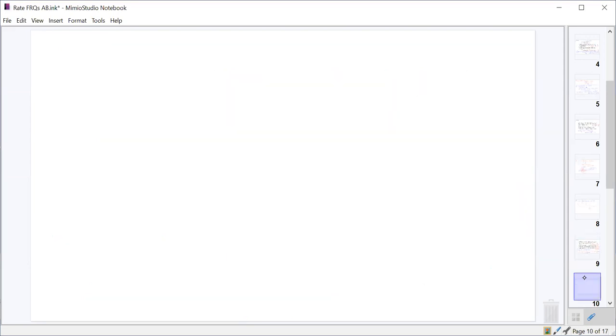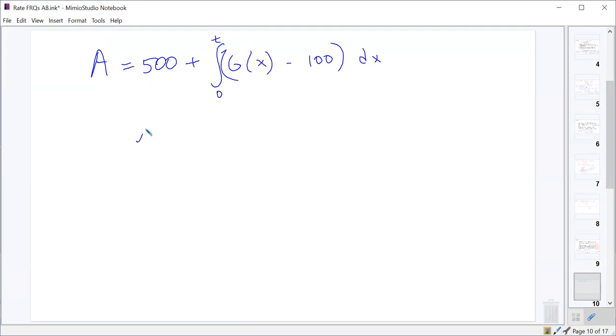So the amount of unprocessed gravel, we'll just call that A, because that's what we've been doing all day today, is the amount that we started with, which is 500 tons, plus the integral from 0 to t of the rate of change of the gravel, which would be the gravel arriving minus gravel being processed. And so to find when that function is at a maximum, take its derivative. A prime ought to be G of t minus 100.